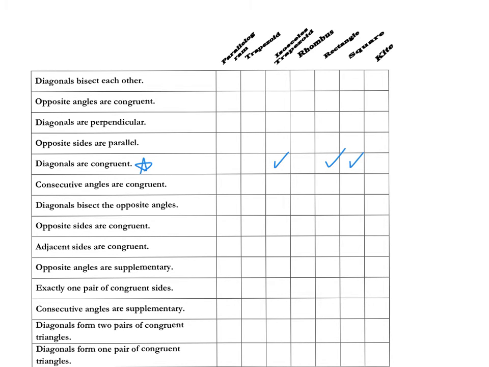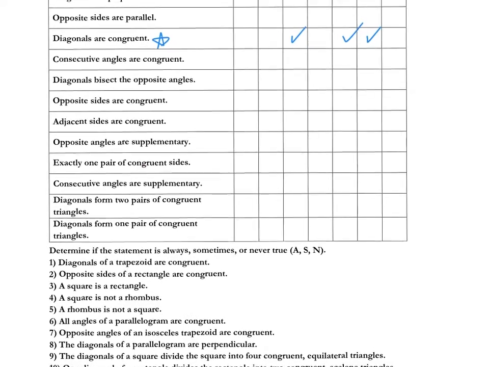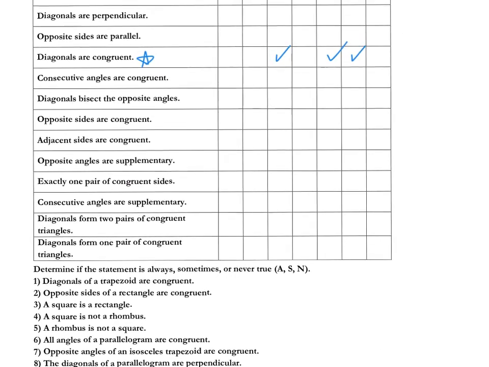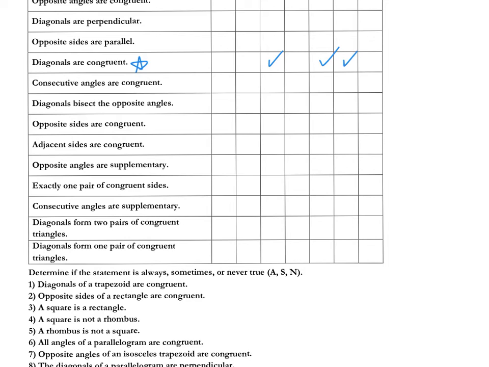So diagonals of a trapezoid are congruent. Well, the answer to that would be sometimes, because it has to be an isosceles trapezoid in order for the diagonals to be congruent. If it's a regular trapezoid, the diagonals are not congruent. So that's why it is sometimes.